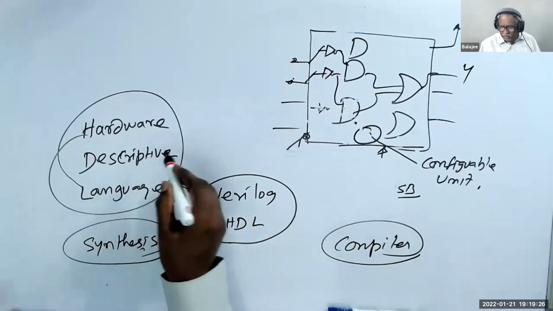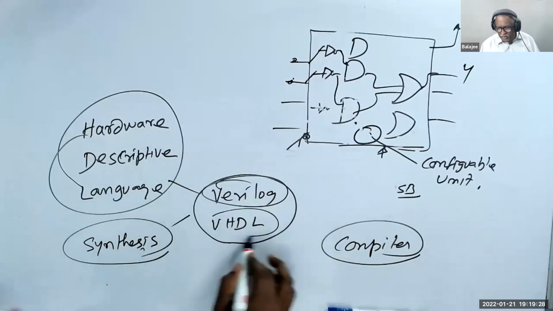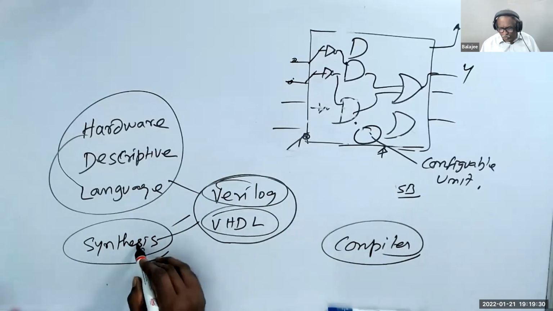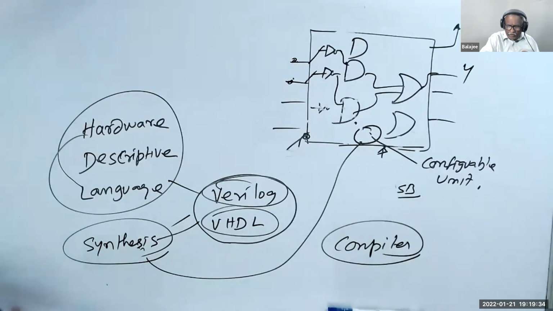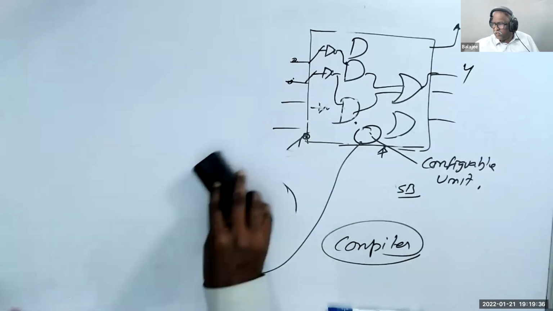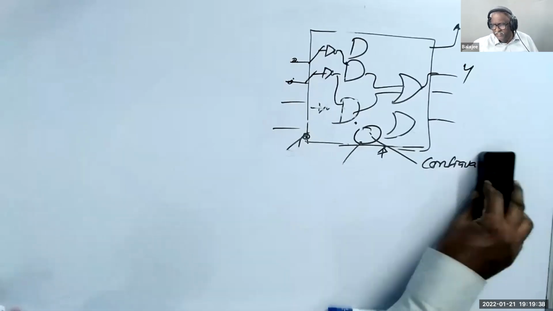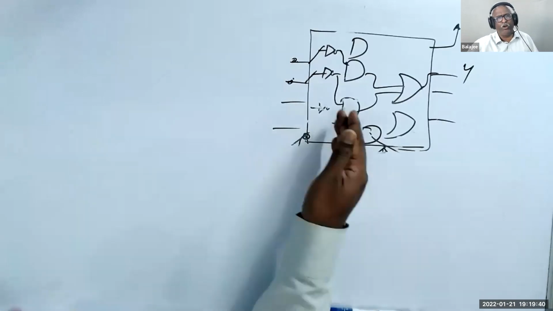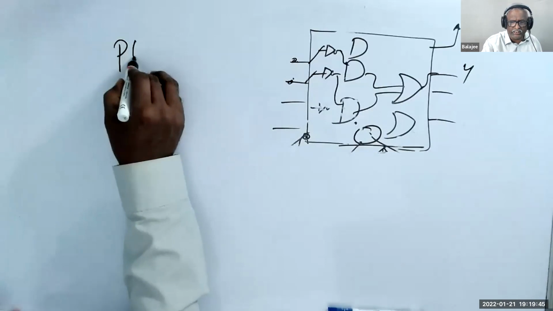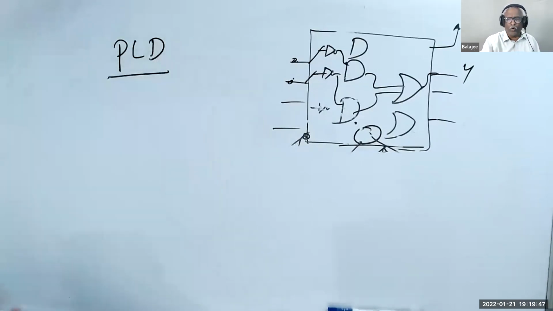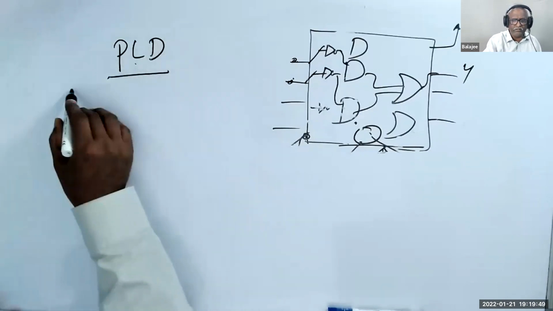So you write in Verilog or VHDL, that gets converted to a connection diagram and given to the chip, and it gets connected. So the only difference here is, instead of the manufacturer making the IC, you can make the connection at your house. This is called PLD, programmable logic device.